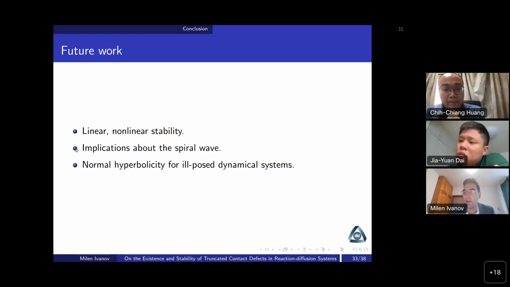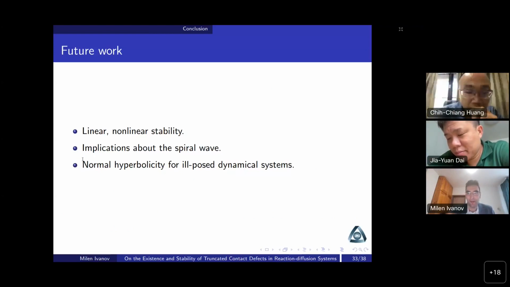So it would be curious to understand what we can say about the spiral wave after we explained the contact defect. We did a reduction. We talked a lot about the truncated defects. Well, now can we undo this reduction and tell something about the full spiral wave? And also, it would be absolutely fascinating to talk about normal hyperbolicity in these ill-posed systems.